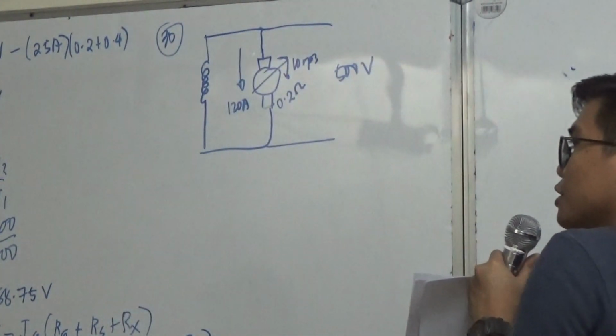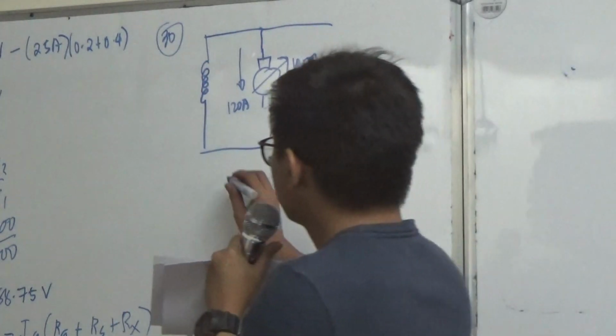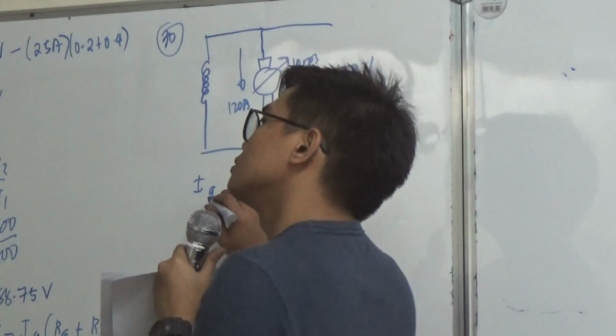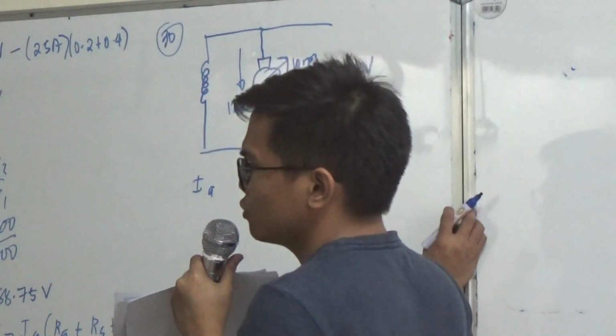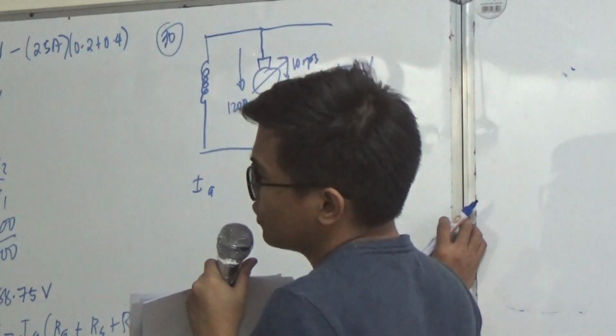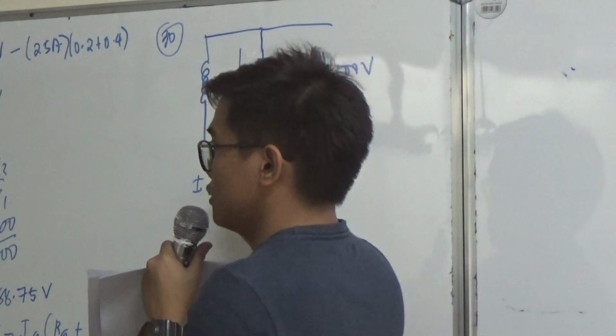Determine the speed when the current is IA2, armature current niya is 120 amps, tapos ginawa niya 60 amps.